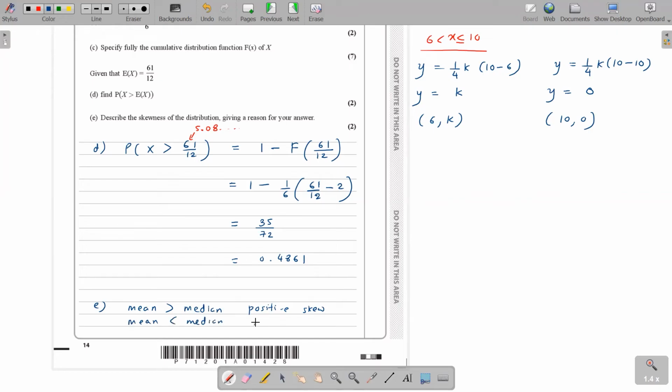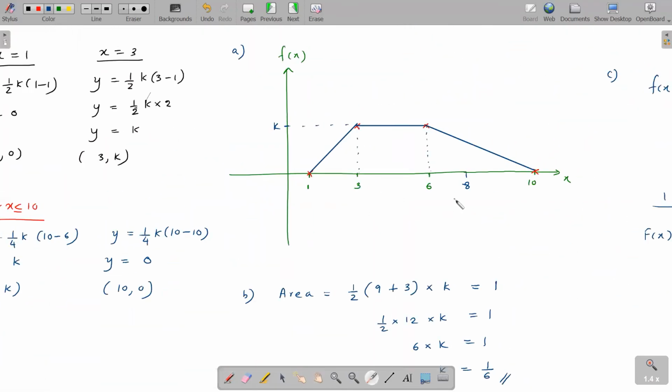If mean is equal to median, there is no skewness; the graph is symmetric. Now in our graph, do you think it's symmetric? Looking at the shape, you can see it was not a symmetrical trapezium. One side is going further, so it is not symmetric. Definitely there is a skewness.